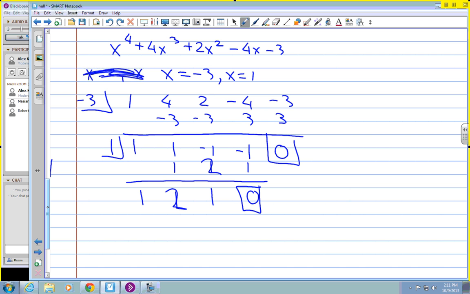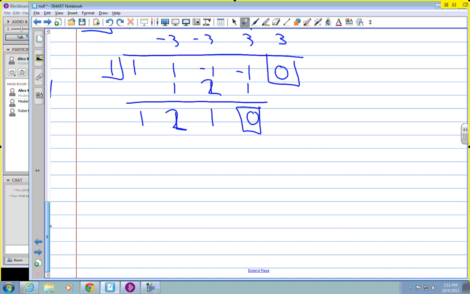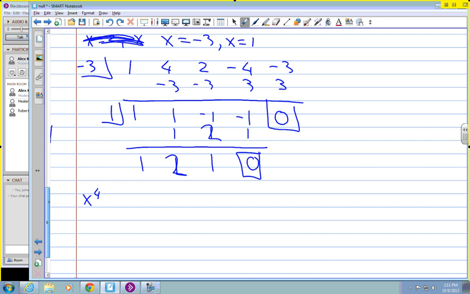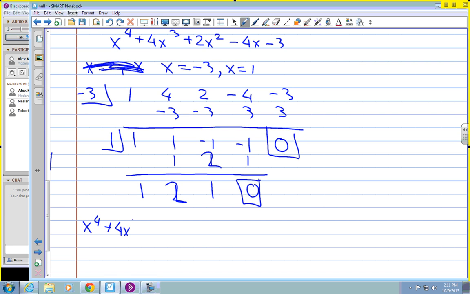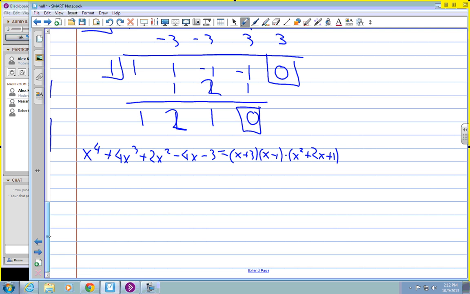So yes and yes. So that means our polynomial, x to the fourth plus 4x cubed plus 2x squared minus 4x minus 3, right now is x plus 3, x minus 1 times whatever that is, which is x squared plus 2x plus 1. Is that right?